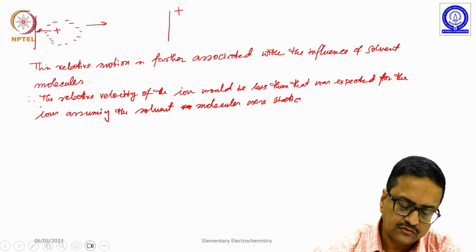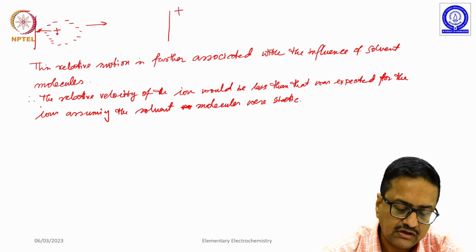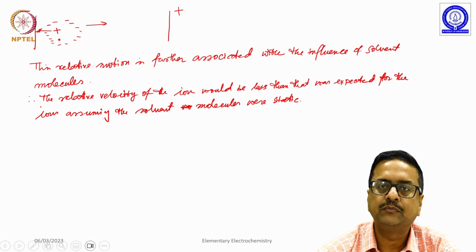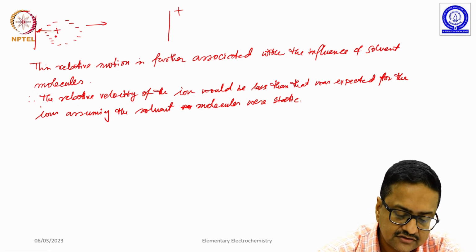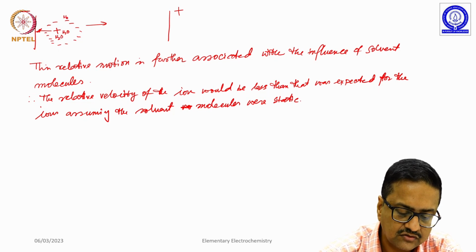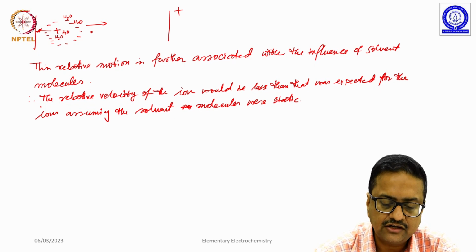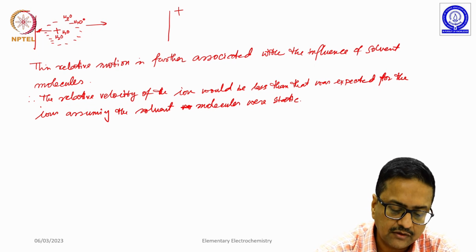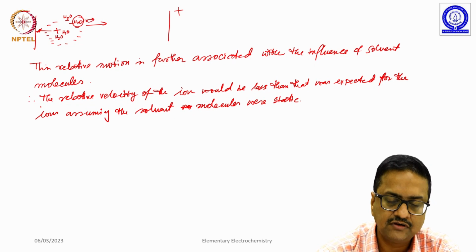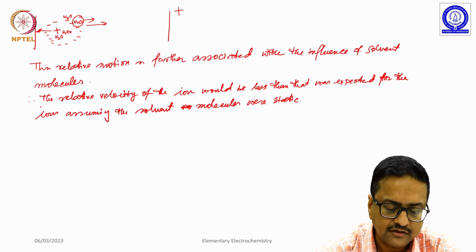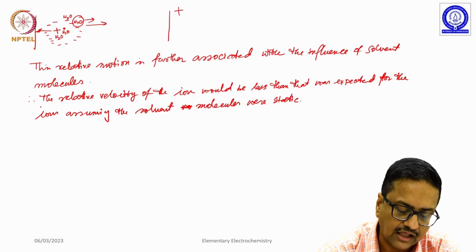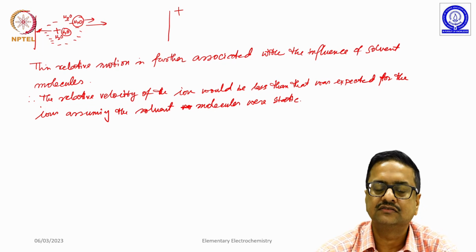See, what we are trying to propose here is that when you have a cation which is surrounded by the anions, it is also surrounded by a lot of water molecules, anions are also surrounded by a lot of water molecules. So, when you apply a potential difference, the anions tend to move towards the positive electrode by taking the corresponding solvent molecules with it, and cations, when they try to move towards the negative electrode, also try to drag the water molecules along with it.